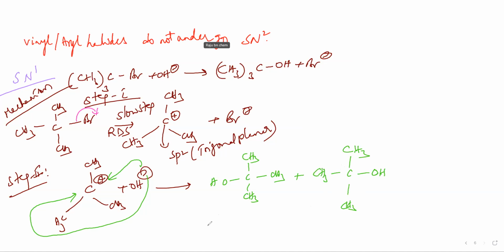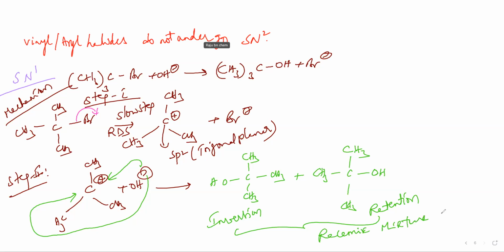This is inversion of configuration. This is retention of configuration. So this mixture is called a racemic mixture. You're getting a racemic mixture, right? So this is about the SN1 and SN2 mechanisms.